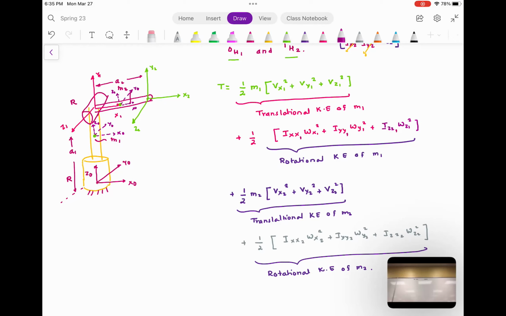Because what's going to happen is, at the end of the day, how do we get the values of vx1, vy1, and vz1? Those are the position vectors with respect to the inertial coordinate frame. You agree with me?